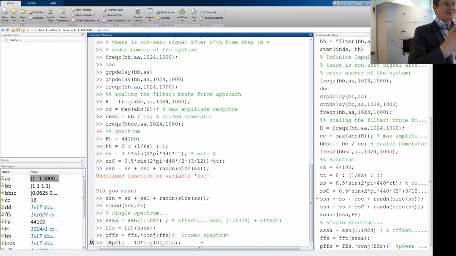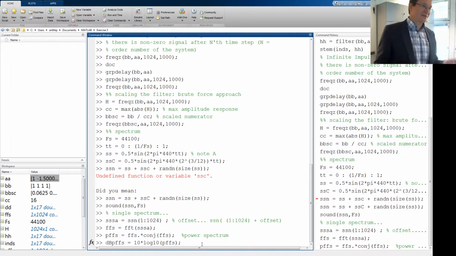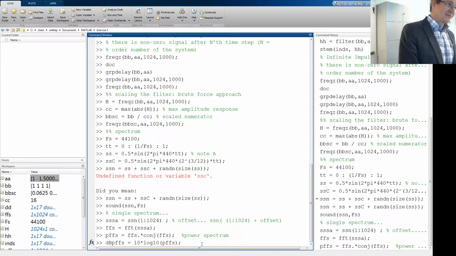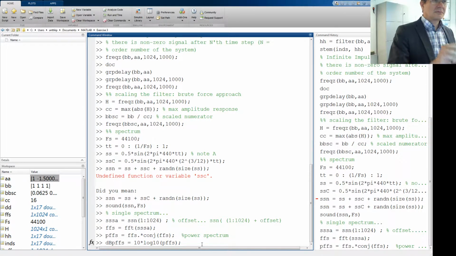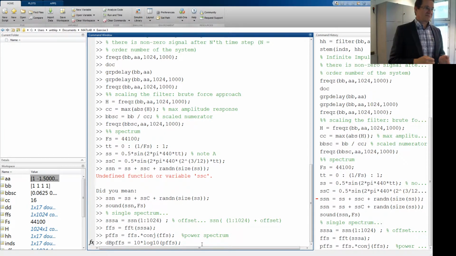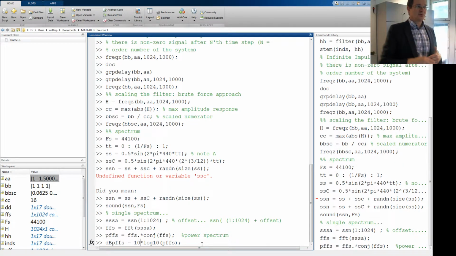So FFT is basically still on amplitude scale, but when you multiply it with the complex conjugate, you get into the power scale, and that's actually the power. Okay, it's not the calibrated power. It's just dB, which means that you can rescale it any way you want to.